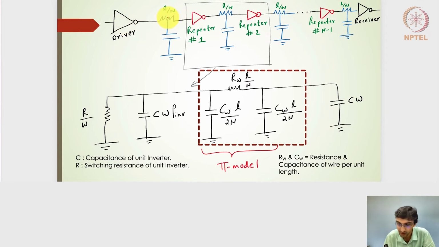So here, this is point A, and then let's say this is point B. And at each of these segments, wherever the segments are created, there is a repeater being added.